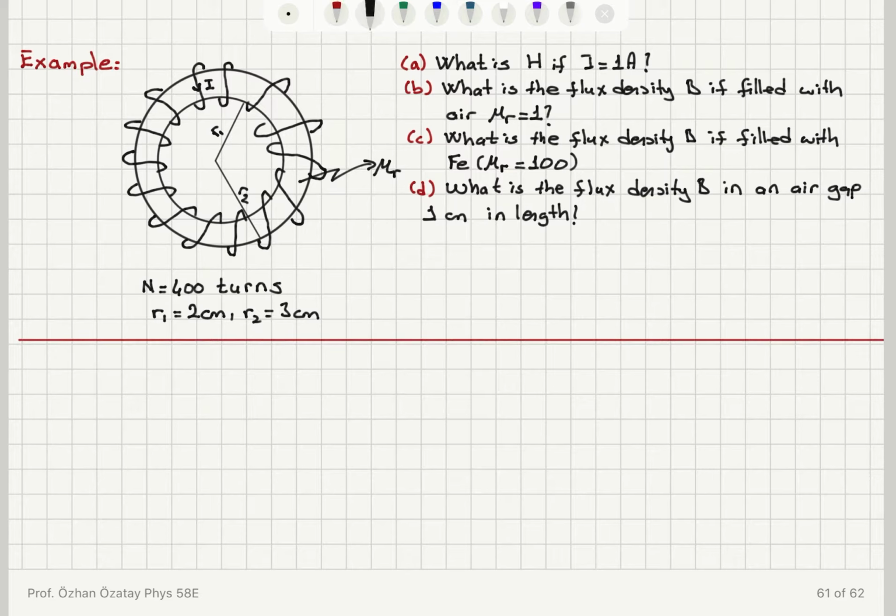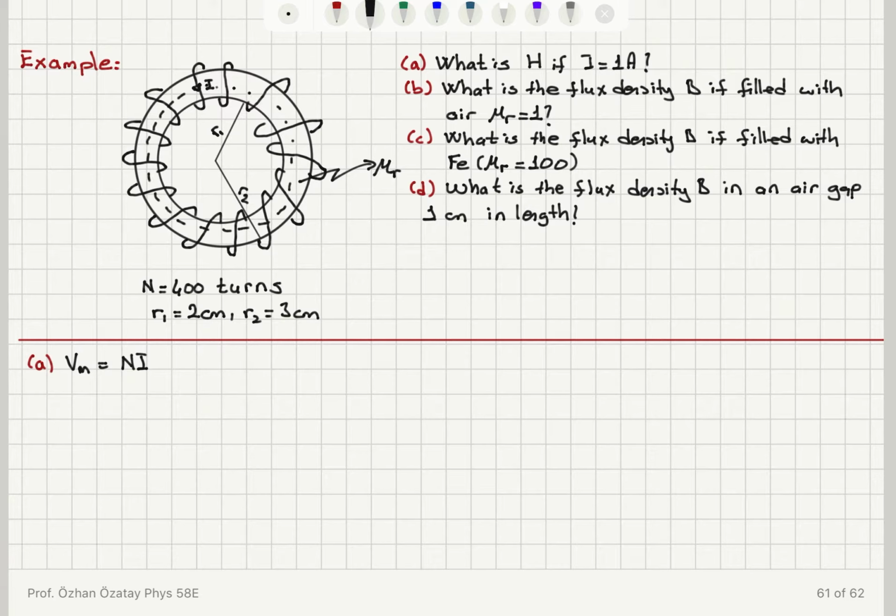Okay, so for part A of the problem, I'm going to write the magnetomotive force. The magnetomotive force, Vm, is equal to N times I in SI. That's found by forming a closed path here.